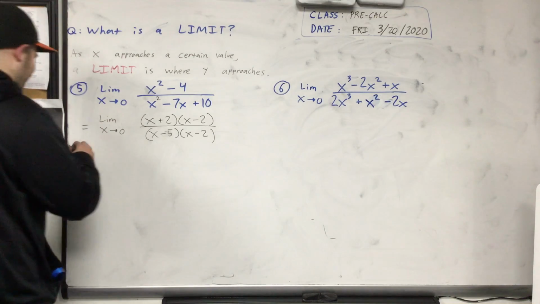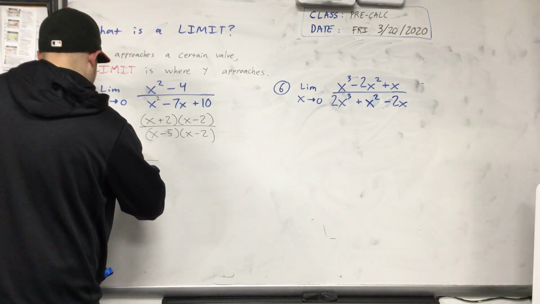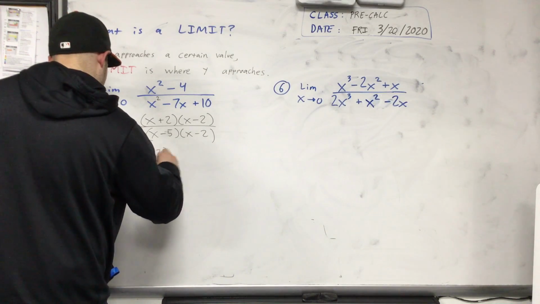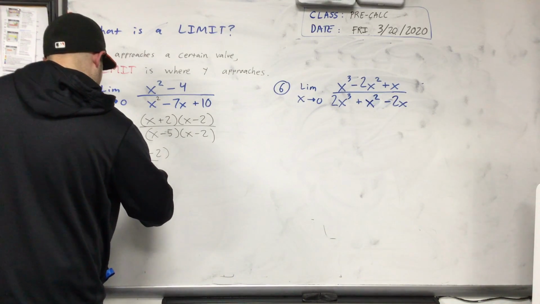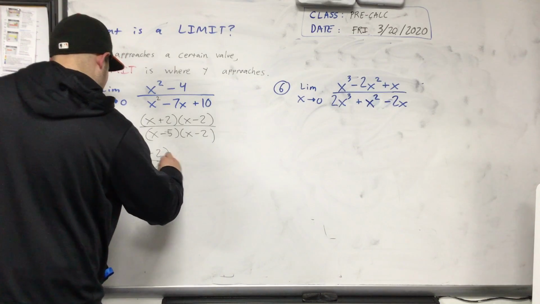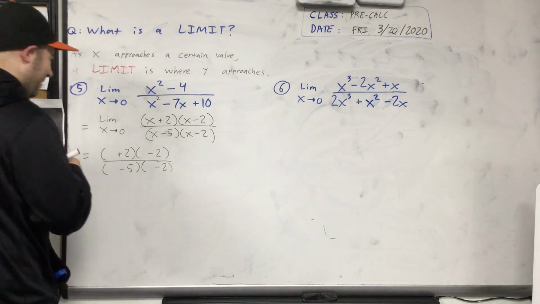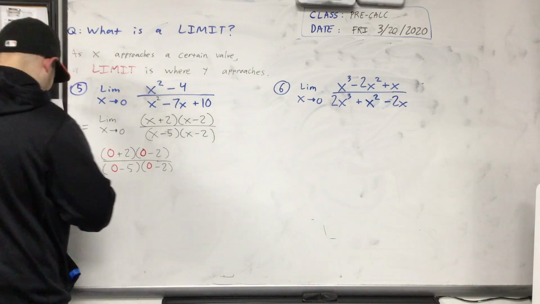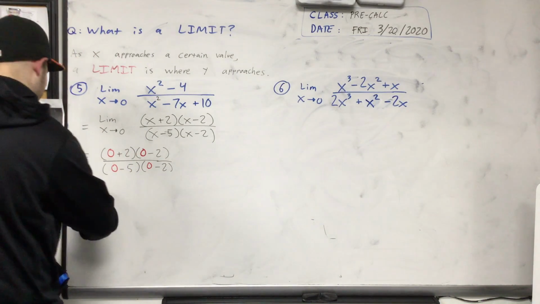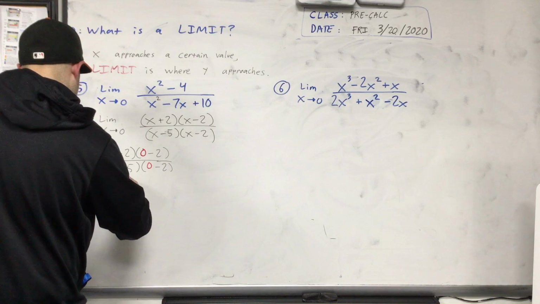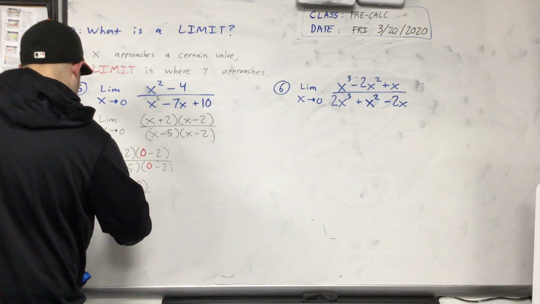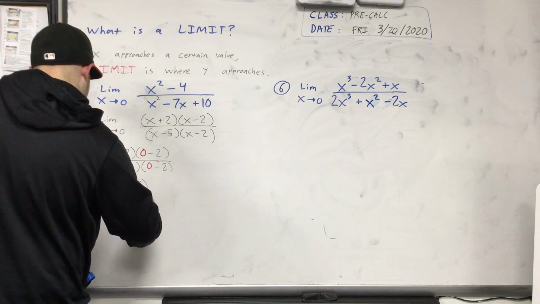So I'm just going to plug it in now. Even though you could just cancel out the x minus 2 part. So I'm left with 0 plus 2, which is 2, times negative 2, over negative 5, negative 2.